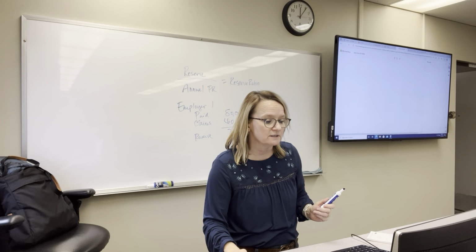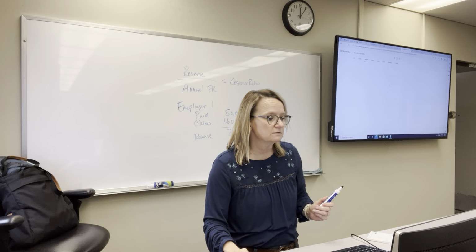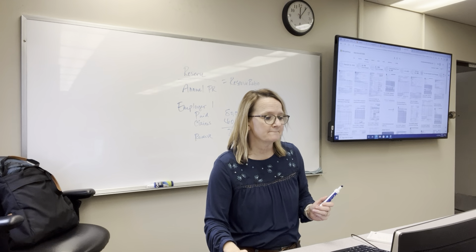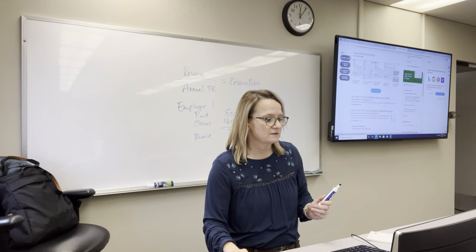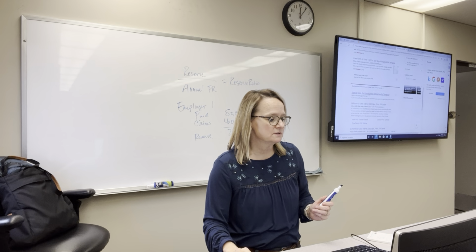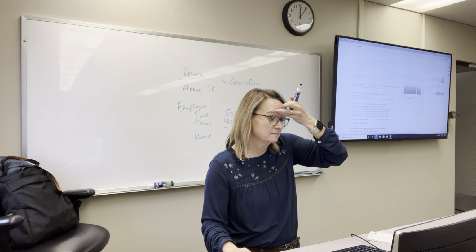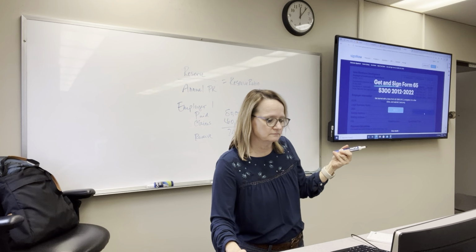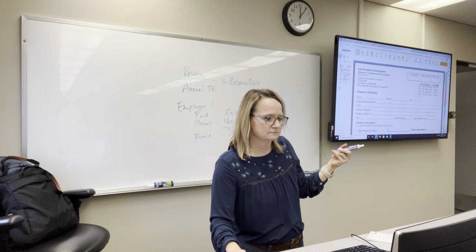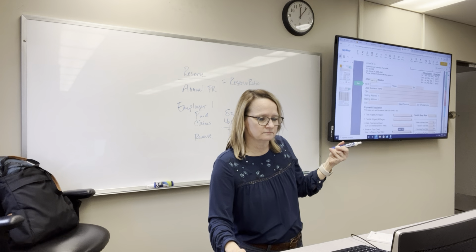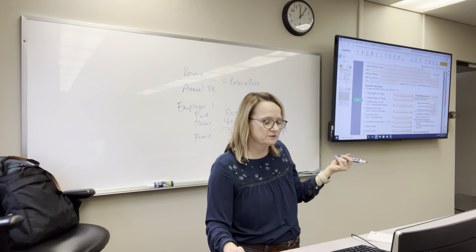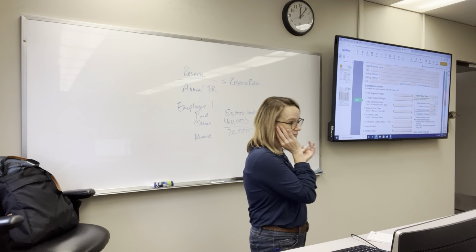Did I already exit here? Yeah, sort of did. It's not the one I want. Let's see. So here they're calling it their state experience rate, but this would also be the contribution rate.